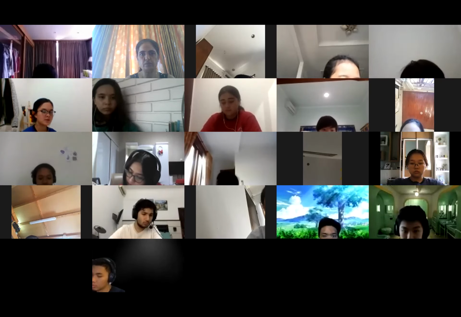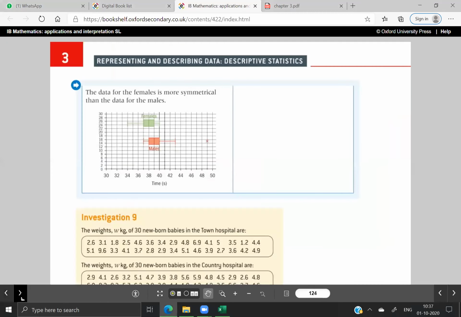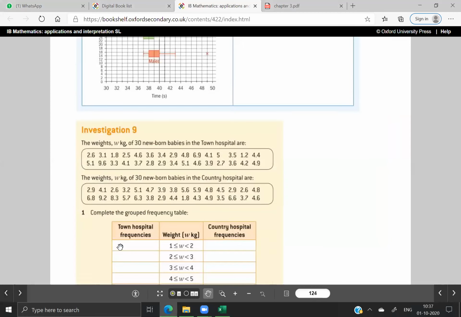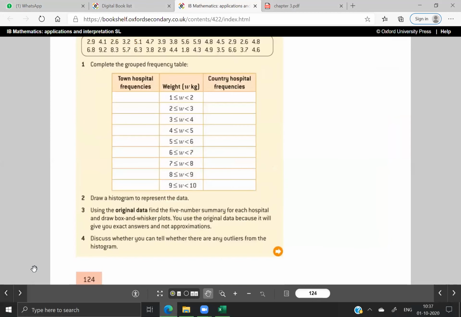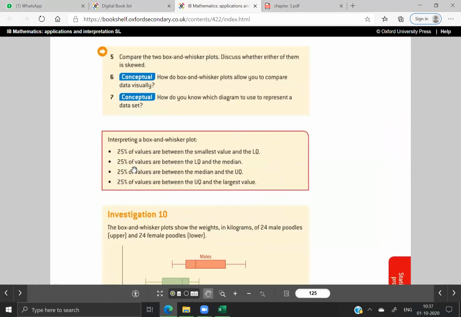So going back to the textbook, you see on your screen, after this example, you will get a better idea when you are solving this sum on your own. Okay. So in this exercise, this 25% of the values I will explain to you tomorrow. First, I want you to understand and draw the box and whisker on your own.